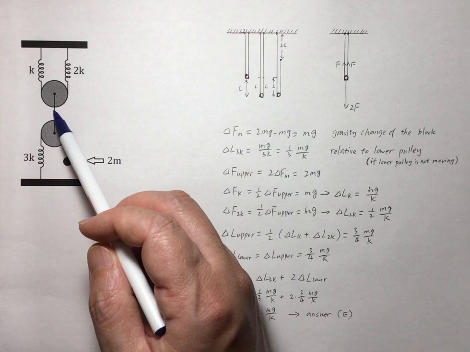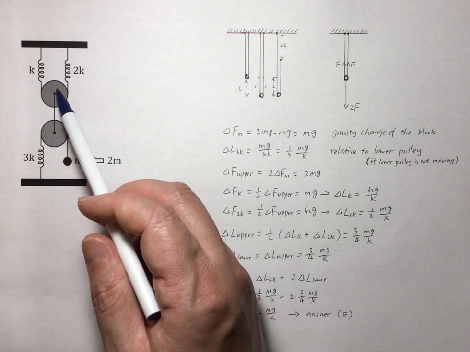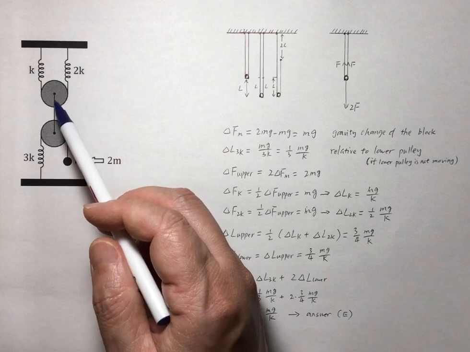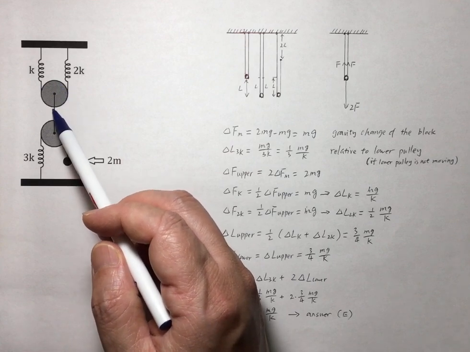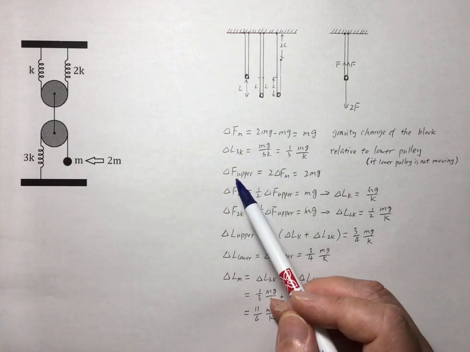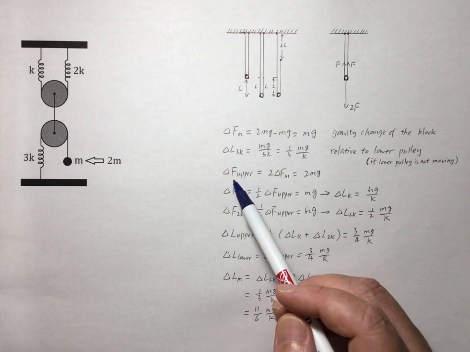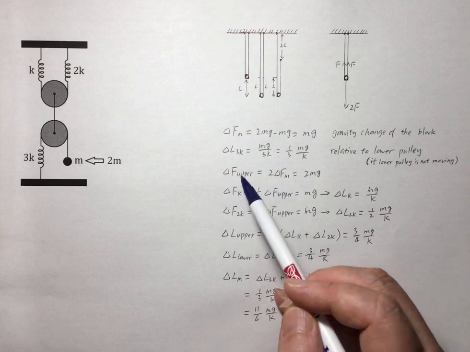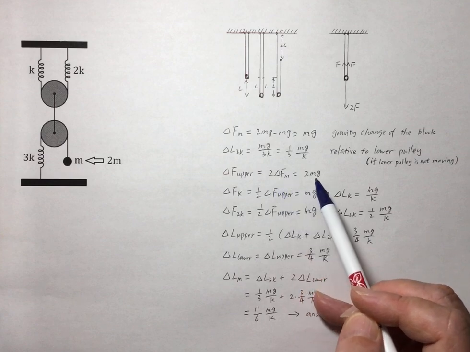So there's 2mg here. So the upper pulley now has a 2mg force change. Remember, it's force change.